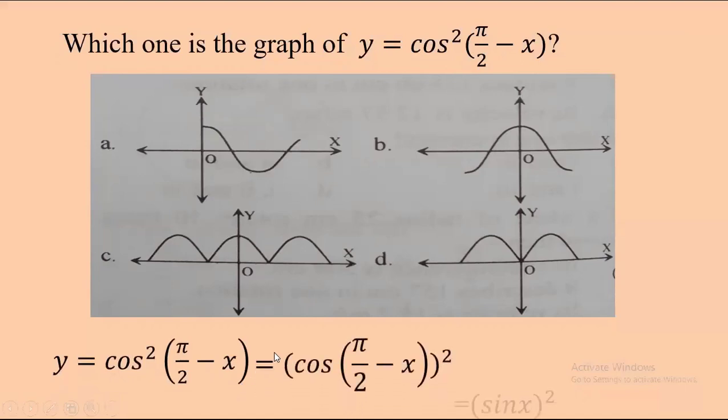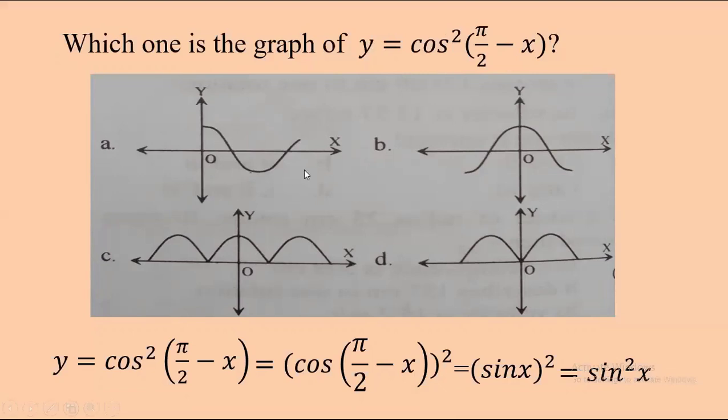Actually, this graph is of sine square x. So for sin square x, what decision can we take? It passes through the origin. But you see there is no graph other than this one that passes through the origin. So this is the graph of this.